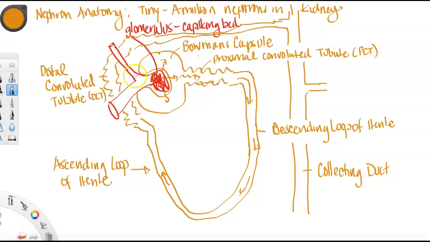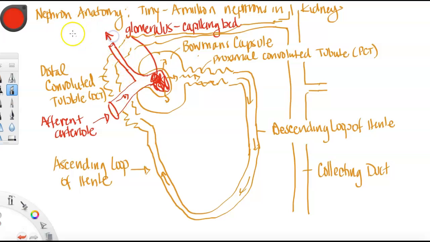Over here, where this capillary bed is, you can see there are two vessels going into and out of it. This one here is called the afferent arteriole. That's where the blood enters the glomerulus.